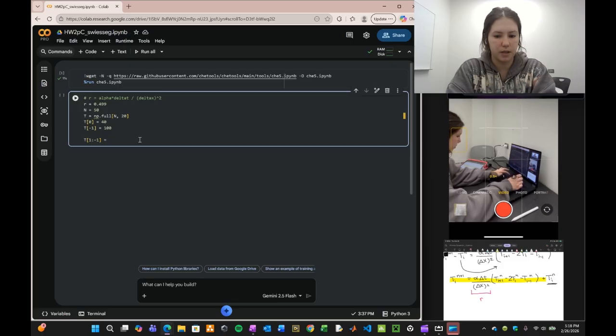So that will be the temperature at whatever iteration it is on. And then it will be plus R times, and then we'll have a big thing here.